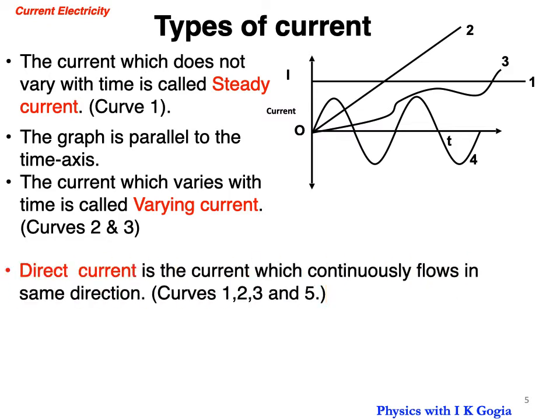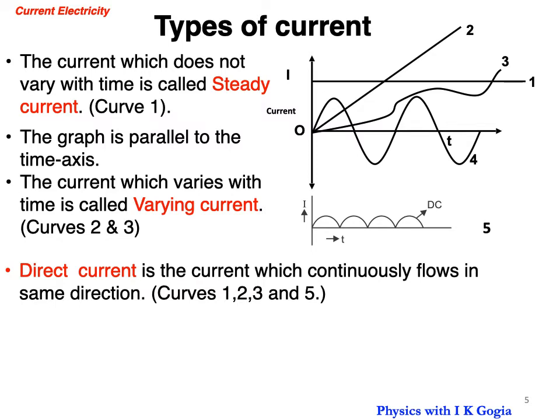Then we have another way of classification of currents, the direct current and alternating current. If a current continuously flows in the same direction, then we call it direct current. The graphs 1, 2, 3 and 5 represent direct currents because they have only positive values.